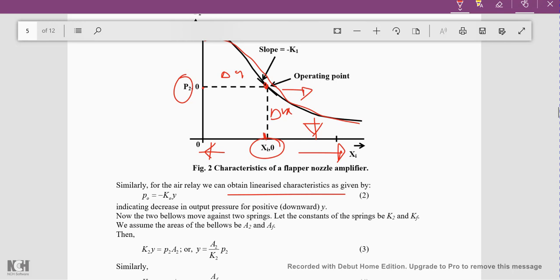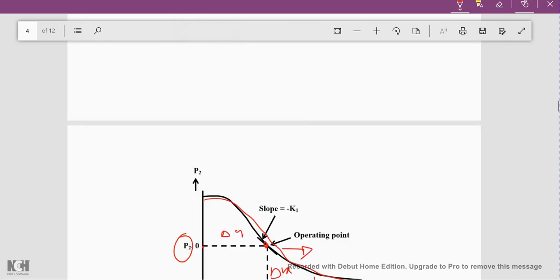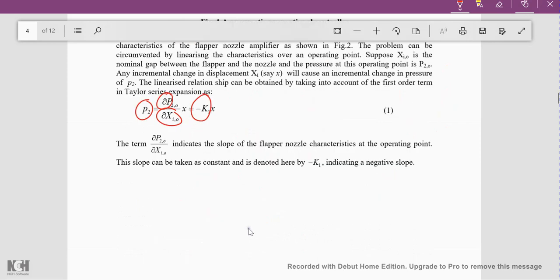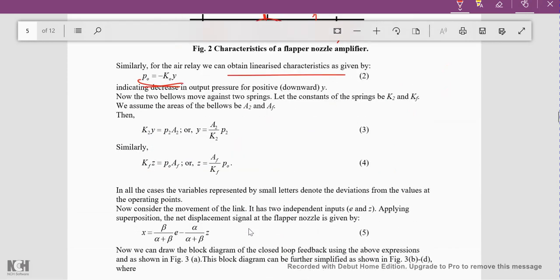Therefore we can arrive at an expression, as that also is going to have a negative slope. So P naught equals minus K naught times Y, because if you observe, the air relay is directly giving the output P naught. Everywhere the pressure is P naught. So we are getting the P naught value for the input displacement Y. The input displacement for this expression is Y, and the slope is minus K naught.